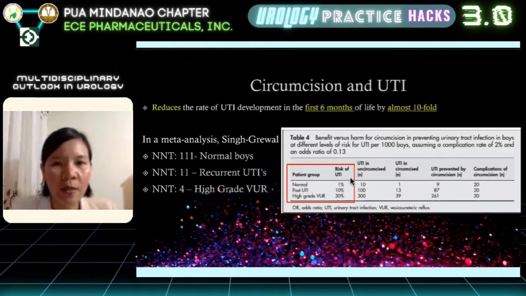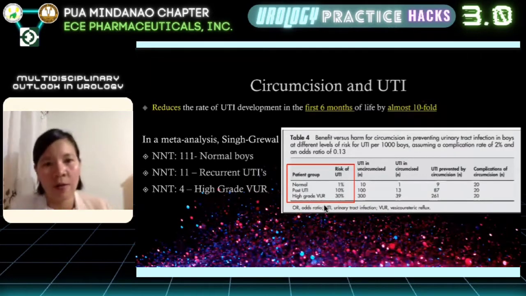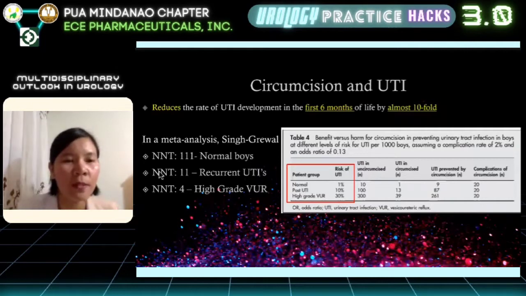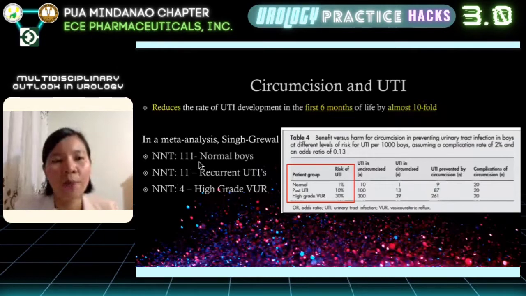The recurrence rate increases to 10% in patients with recurrent UTI and increases even more to 30% in patients with high-grade VUR. In this study, they calculated that approximately 111 have to undergo circumcision in order to prevent 1 UTI in normal boys.